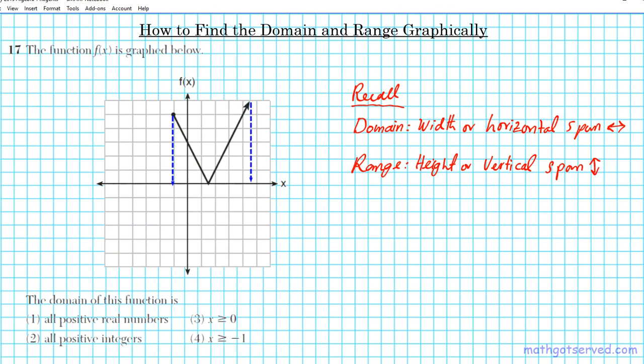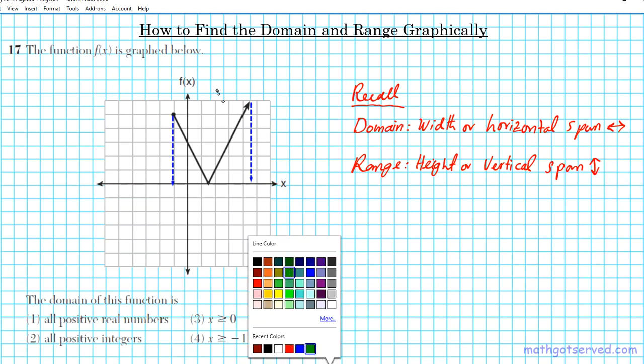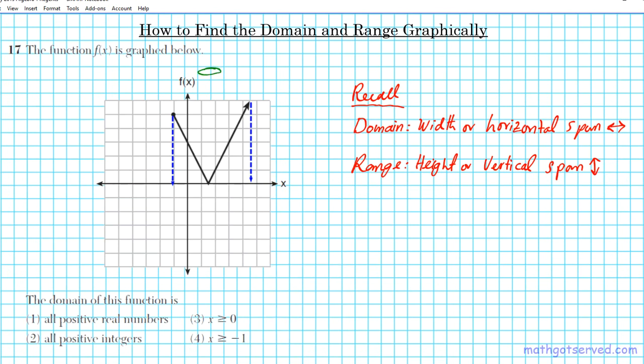Now imagine that there's a big powerful flashlight up here, flashing a light on this function. The shadow that this function casts on the x-axis, or the floor, is basically what the domain is.